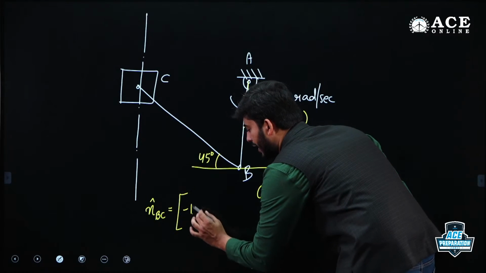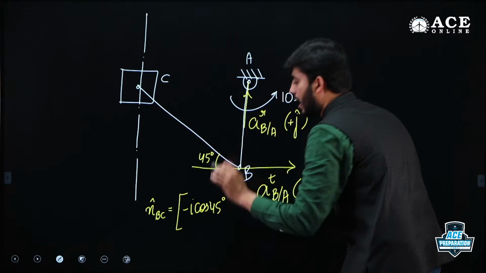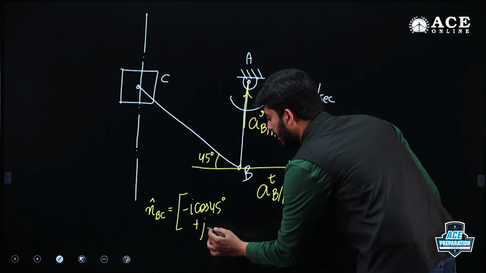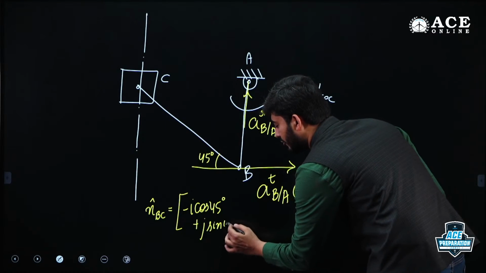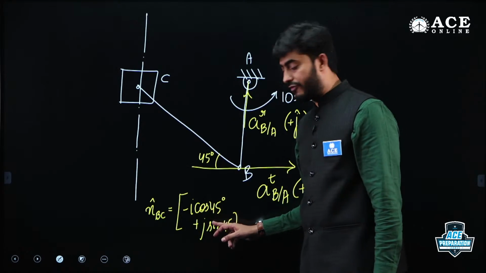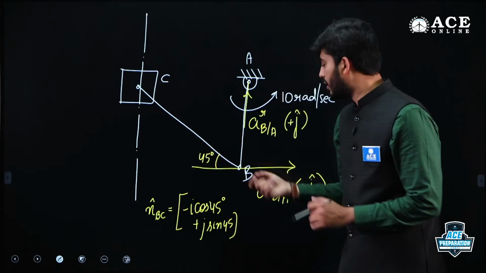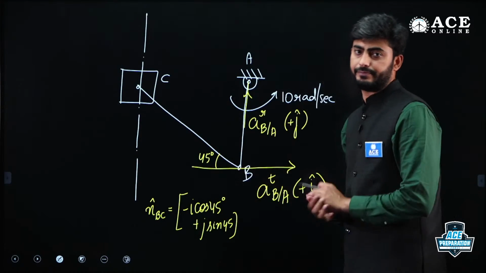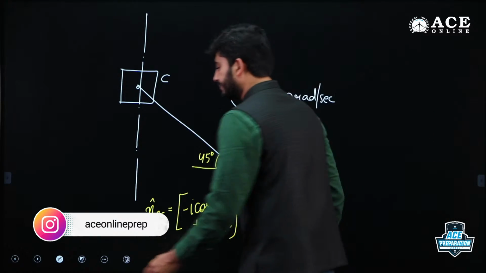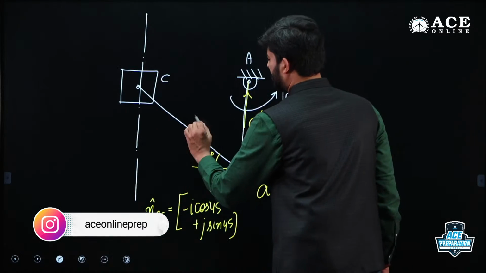So I am supposed to write it as minus i cos 45 plus j sin 45, because it is pointing in the second quadrant from the reference point B.